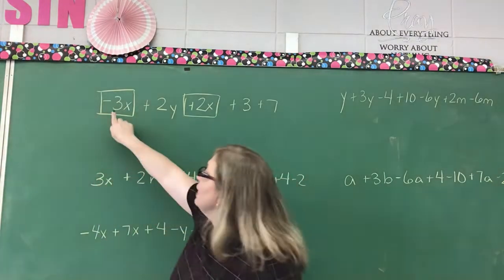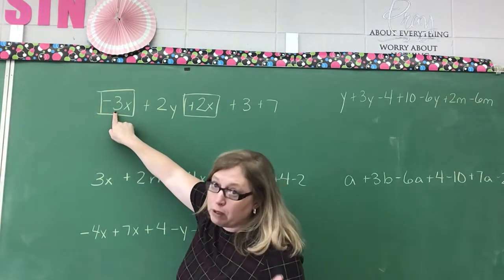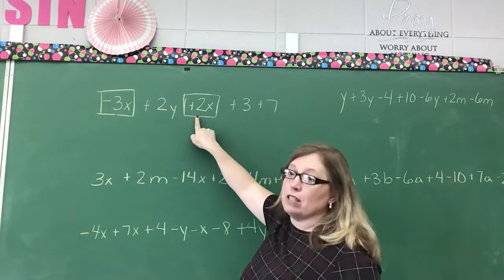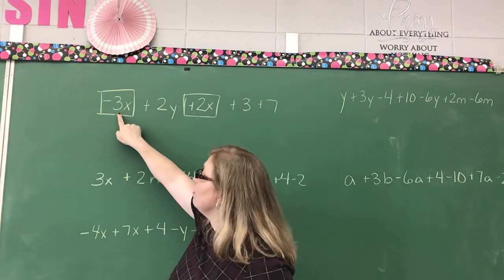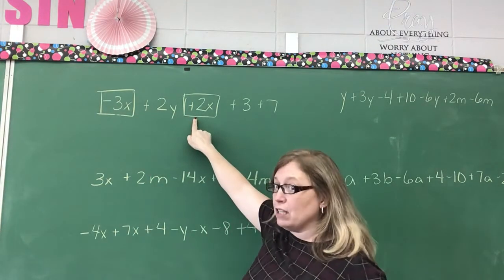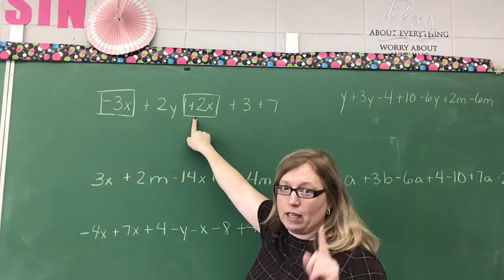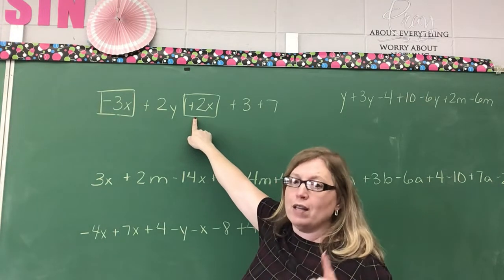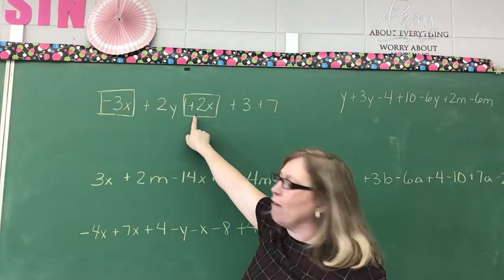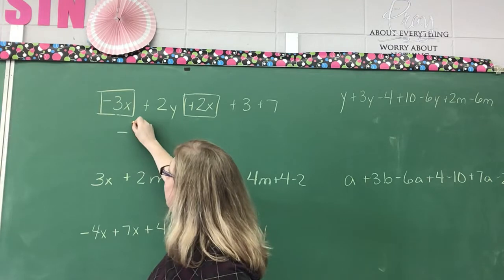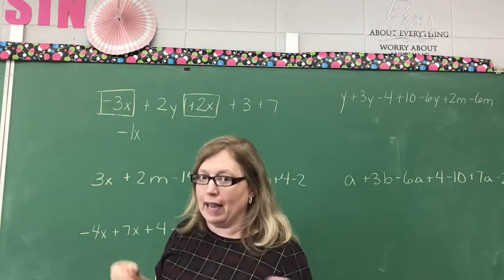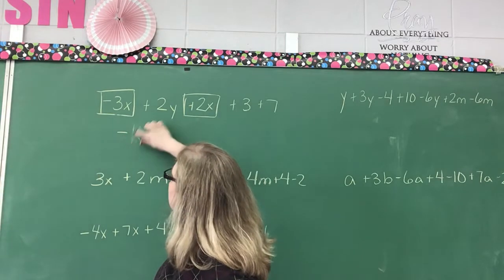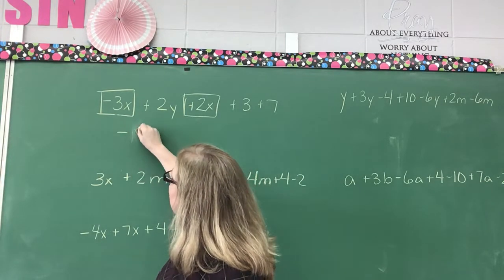So I have negative 3x plus a positive 2x. So I'm going to say negative 3 plus positive 2 is a negative 1. Now when 1 is a coefficient, you don't actually have to write it. You can write negative 1x, or you could just write negative x. And we're going to write just the negative x, okay?